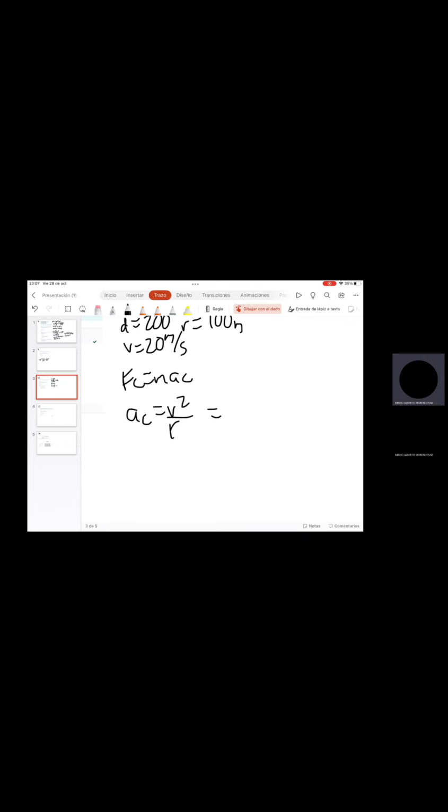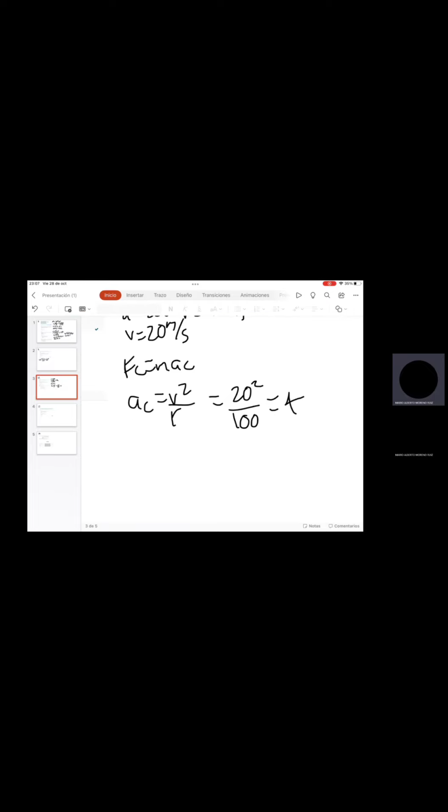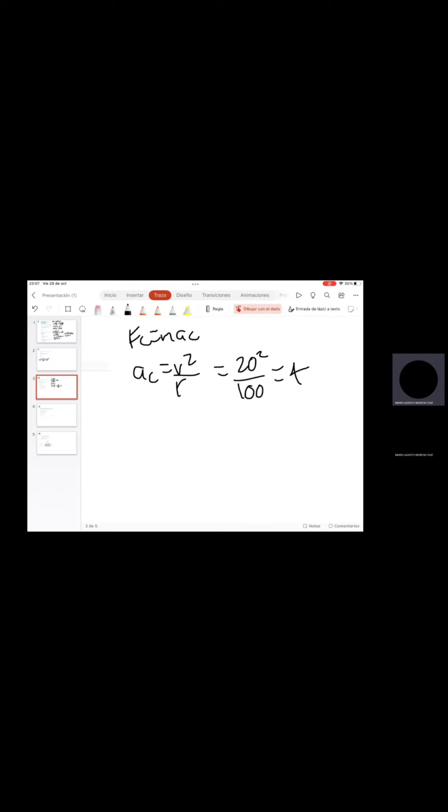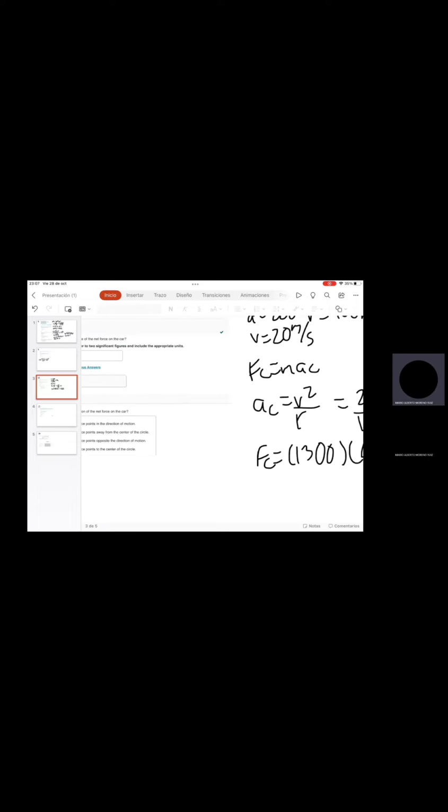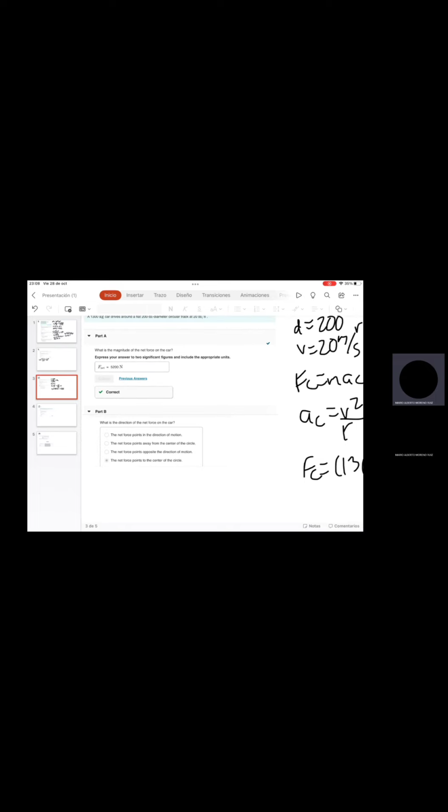So this will give us 20 squared over the radius, and this will give us 4 as a result. Now we just have to multiply the mass, that is 1,300 times 4, and this will give us 5,200 newtons as a result.